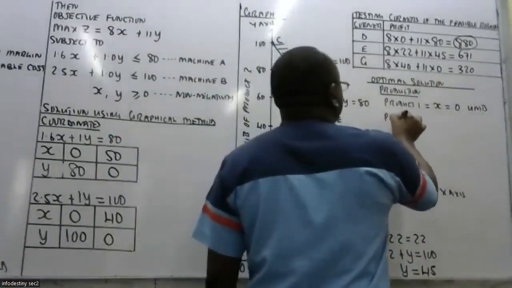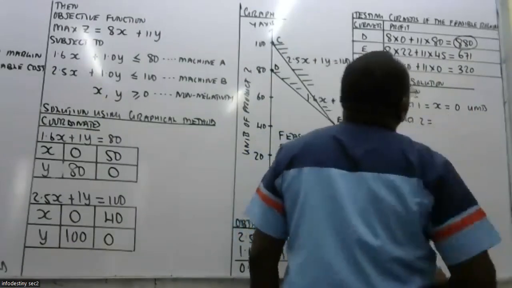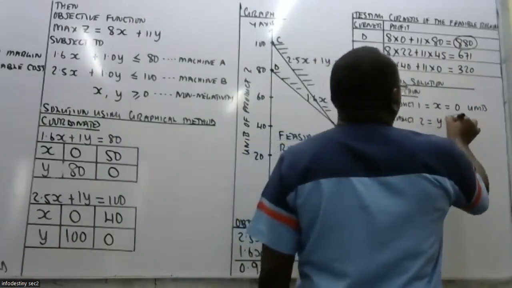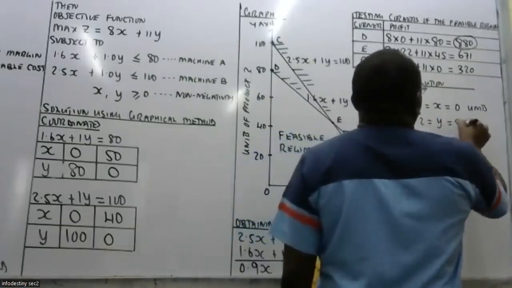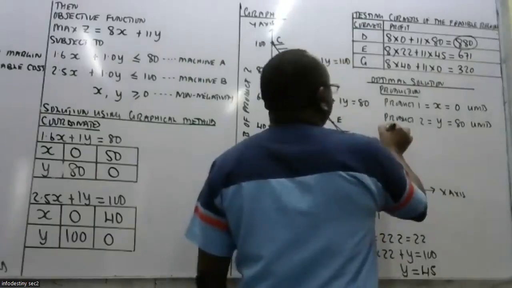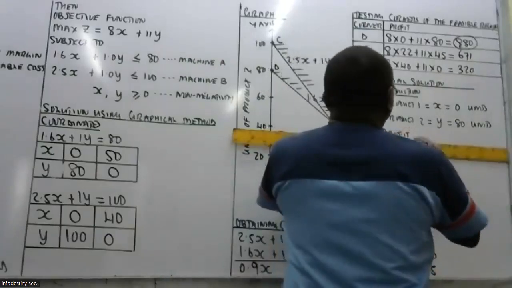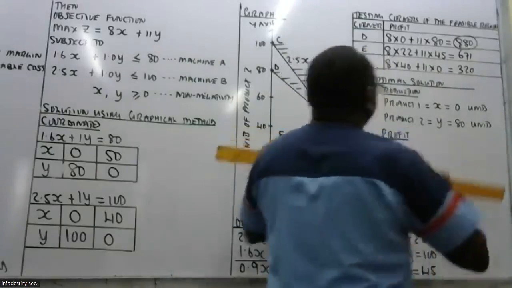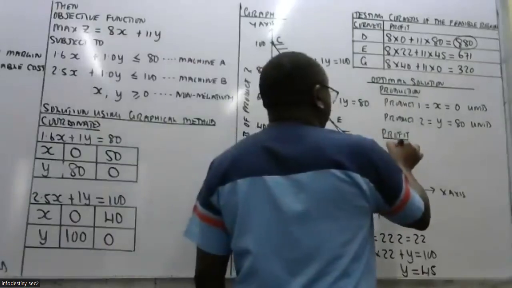For product 2, we have Y, which is 80 units. The second item that you should give us is profit. And profit, you should give us the maximum.